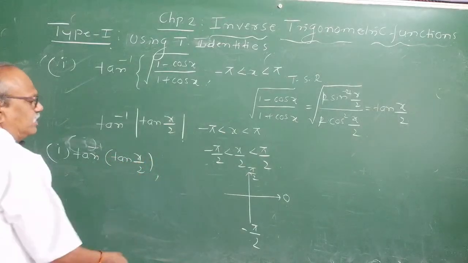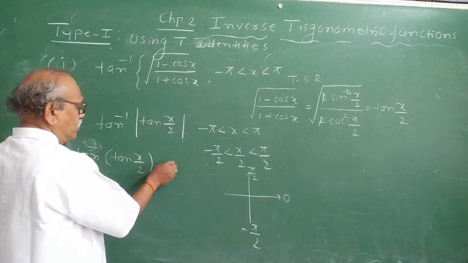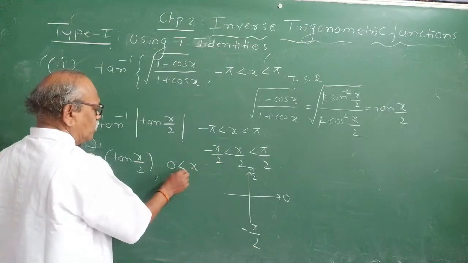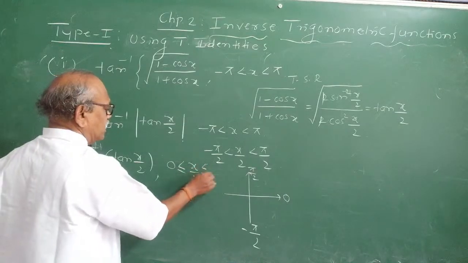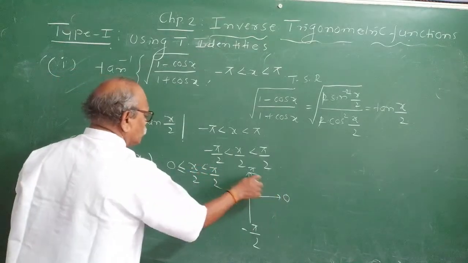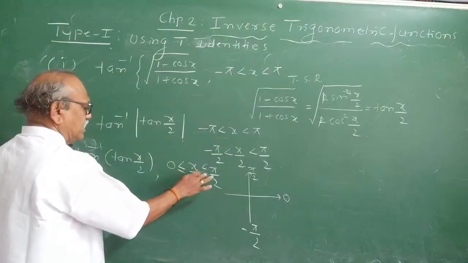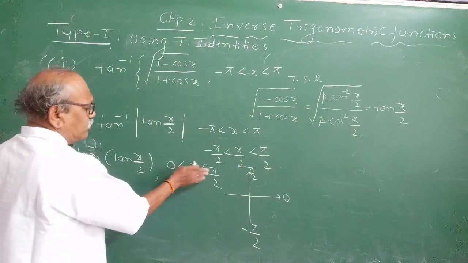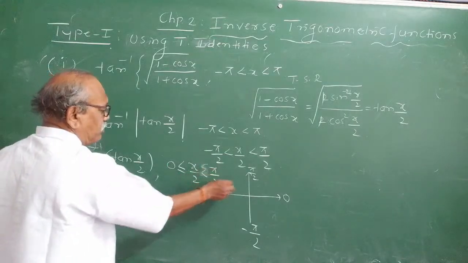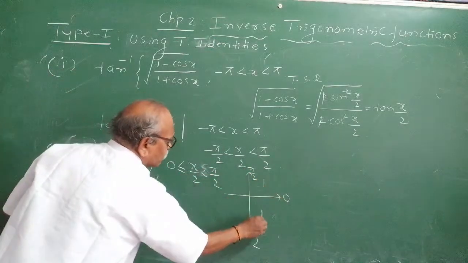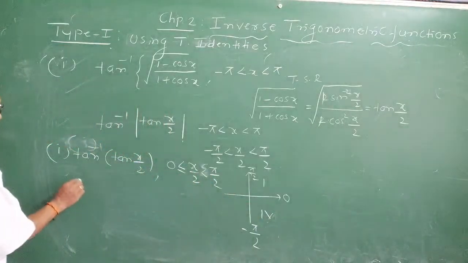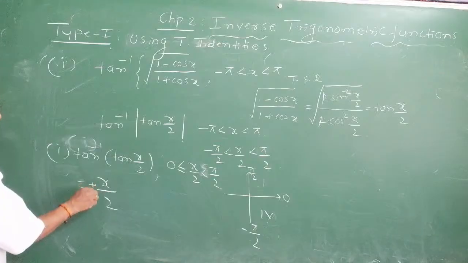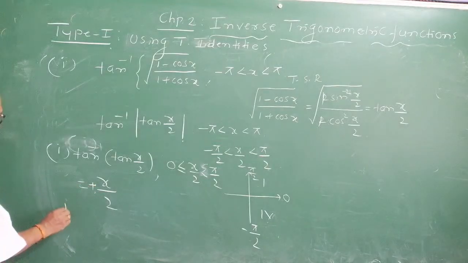Observe, where it is positive, when 0 is less than or equal to x by 2, x by 2 is less than or equal to pi by 2, meaning x from 0 to pi. From 0 to pi by 2, when it is in the first quadrant, it will have a positive value. Therefore, you will get the answer x by 2. There are two values possible for this.